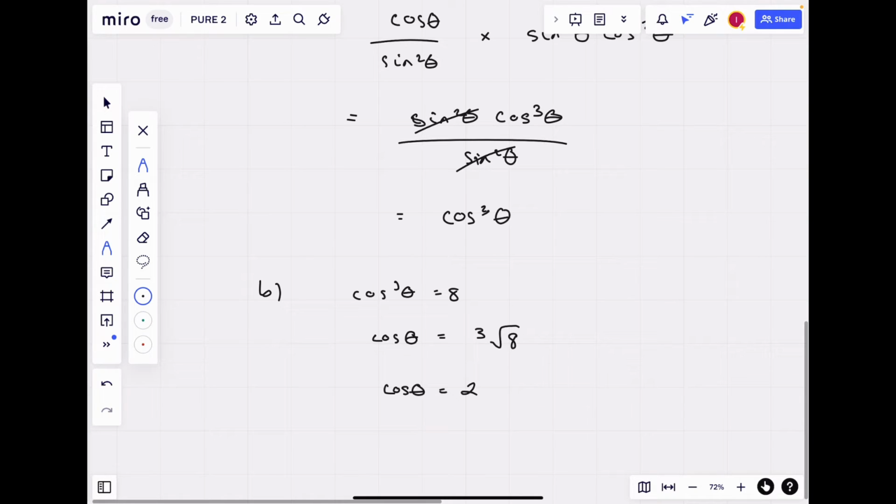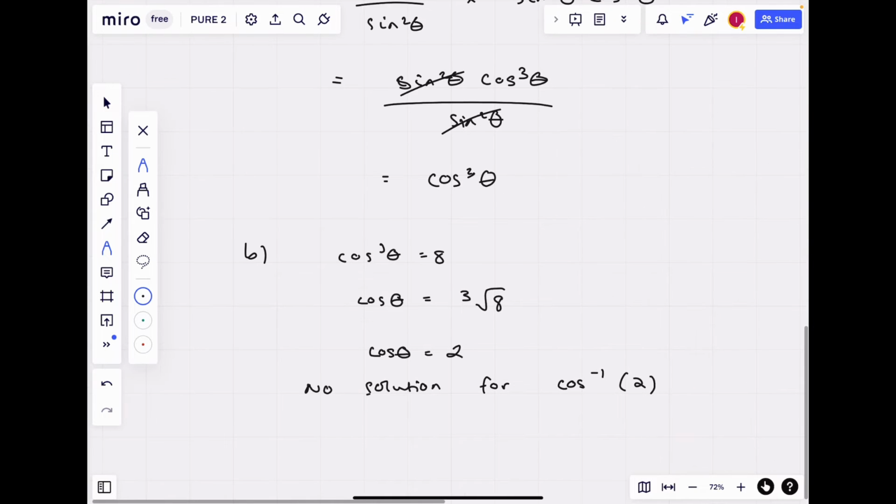And now there's no solution for the inverse cos of 2. There you go. Because cos has to be between 1 and -1.